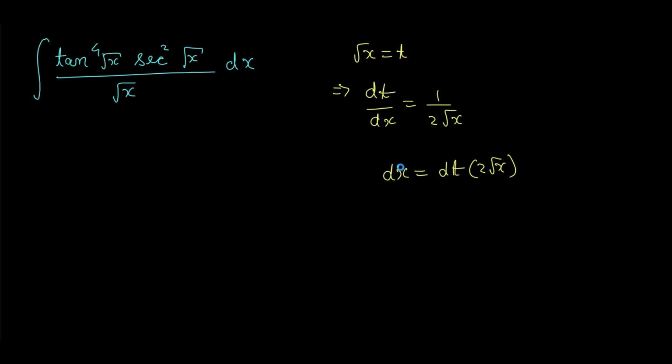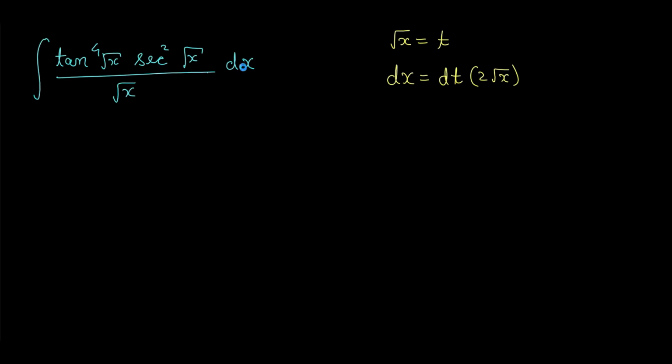Now what we do is we plug in the value of dx in this equation so that the root x cancels out. We get the integral of tan fourth of, see that I've assigned the value of root x to t, so this would be t, secant squared t again, and then dx equals dt times 2 root x over root x.